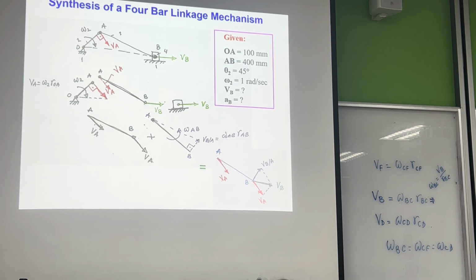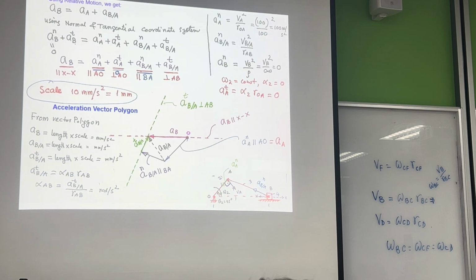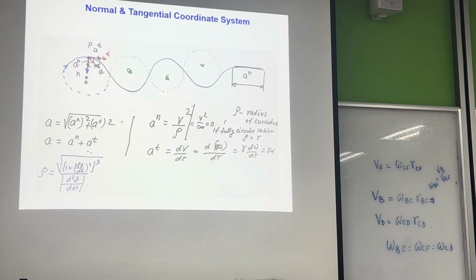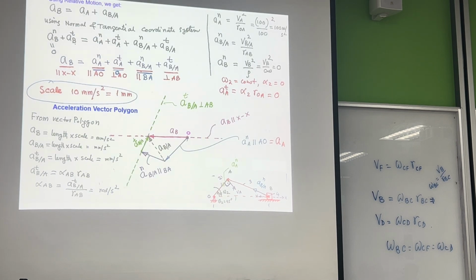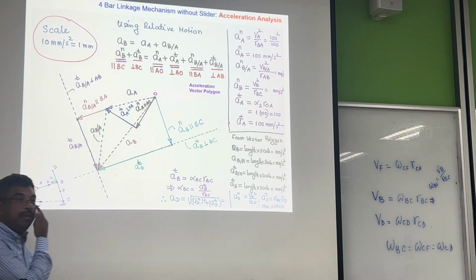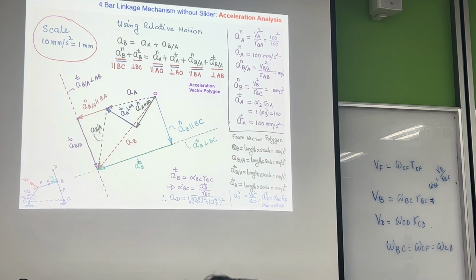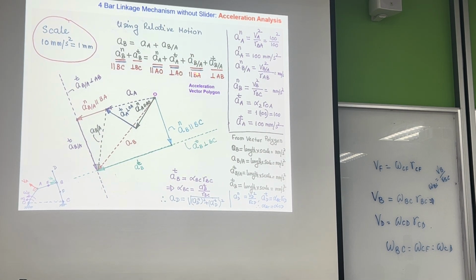Our ABAN is directed from B towards A because our connecting rod AB is rotating in relation to A. So, it is directed from B towards A.